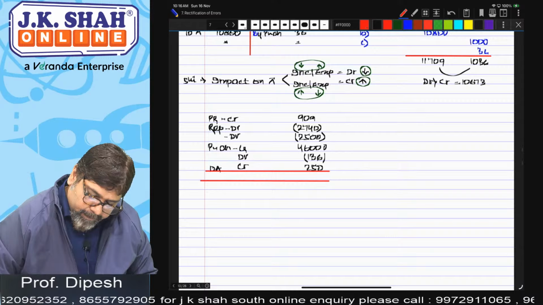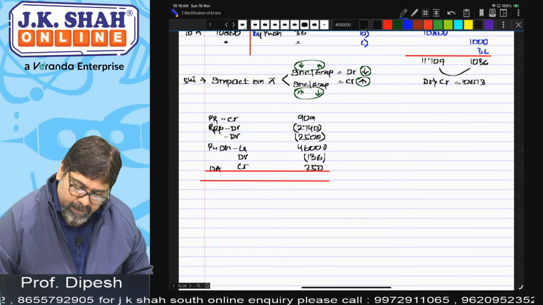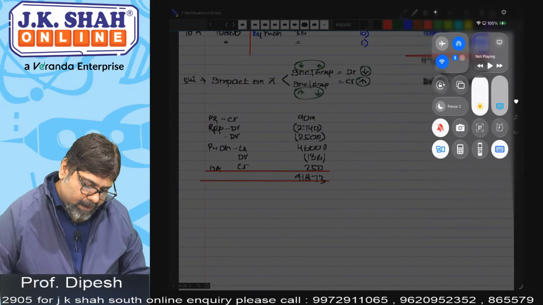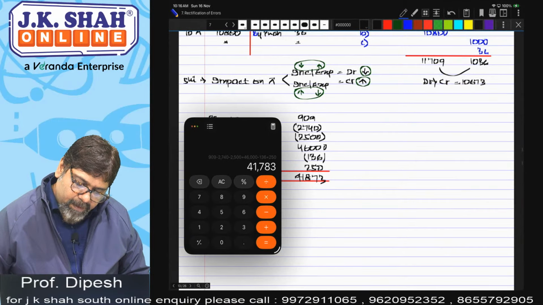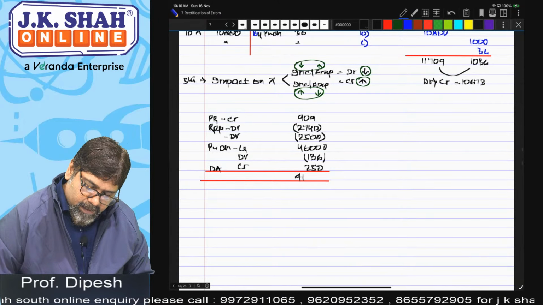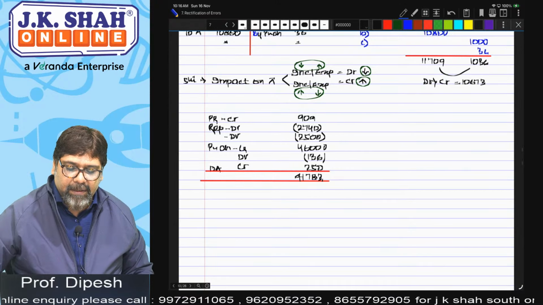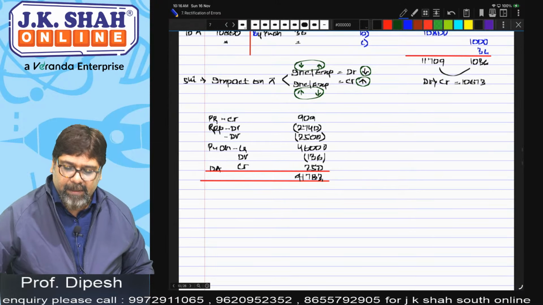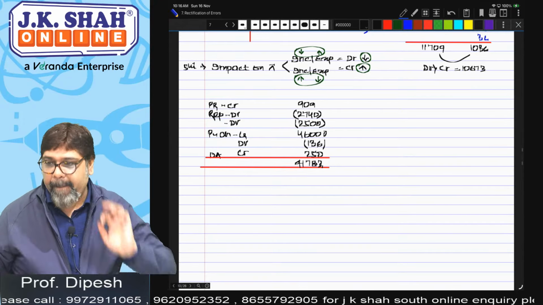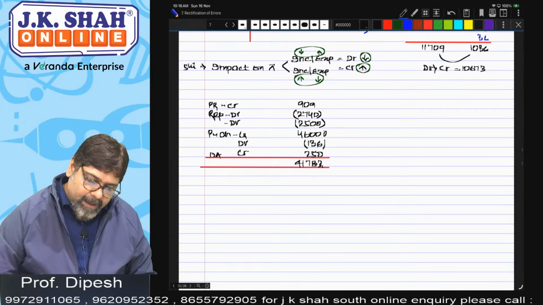It is coming positive 41,783. Check. Correct. This is the fifth. Correct.